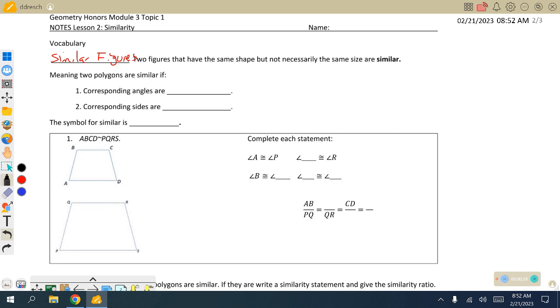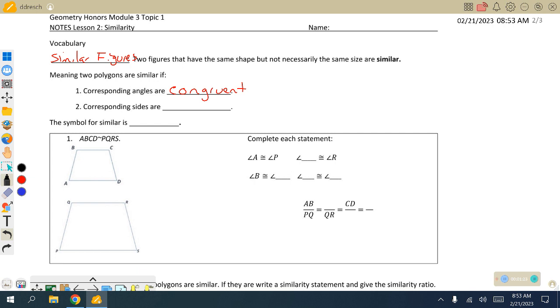Now, to be considered similar, what's building that same shape is the corresponding angles. The corresponding angles have to be congruent, so that's going to build that same shape.